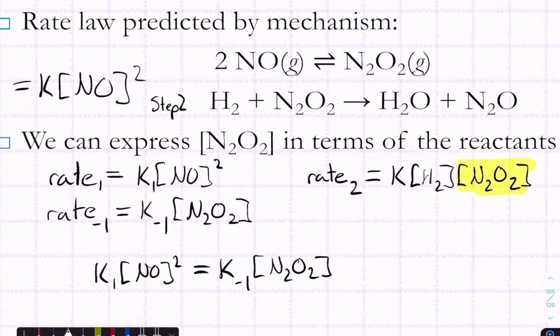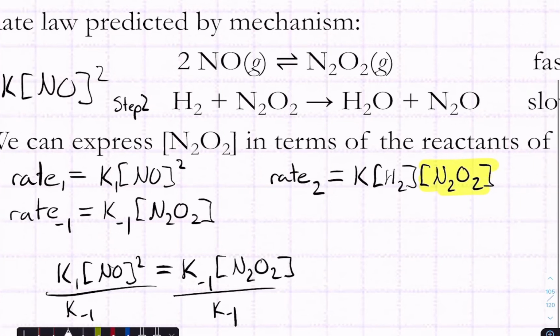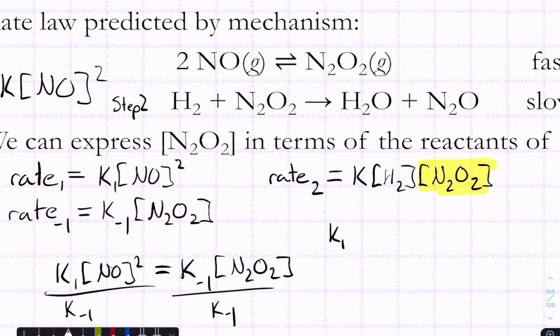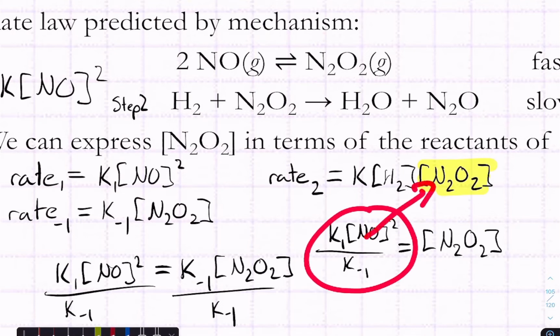So then for the concentration of N2O2, we just move k negative 1 over, divide both sides. And now we can say that k1 times NO squared over k negative 1 is equal to the concentration of N2O2. And then we substitute this in for N2O2.